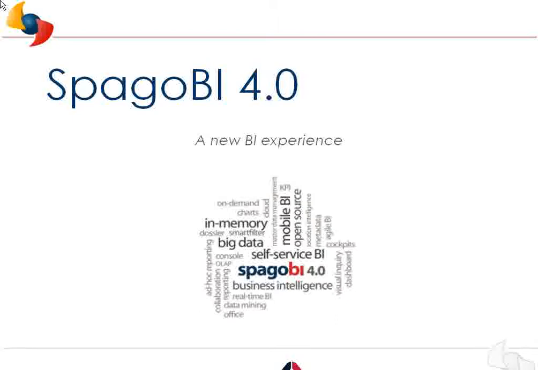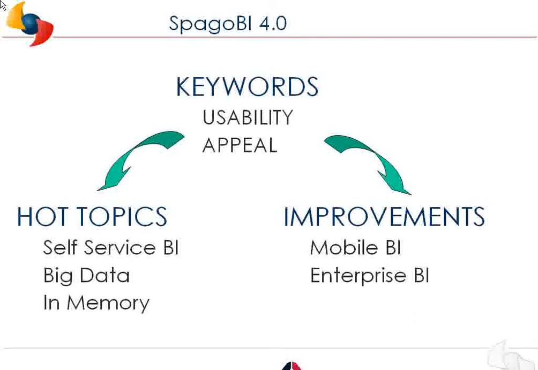Now with 4.0, what SpagoBI provides is a new BI experience in terms especially of usability and appeal of the user interface and the user interaction, and improvements in the existing functionalities, mainly for better support of mobile BI and enterprise BI, and also addressing hot topics such as self-service BI, big data, and in-memory.